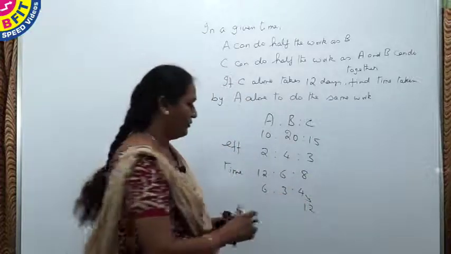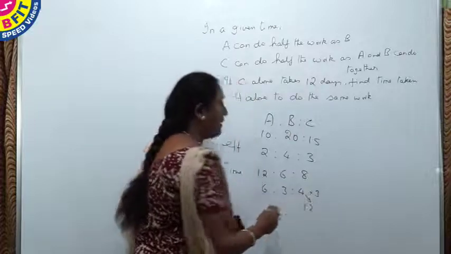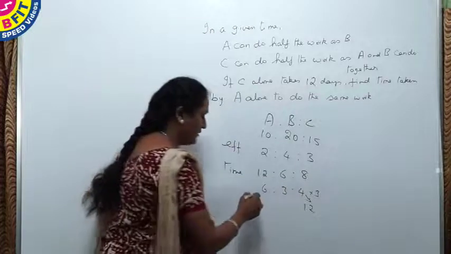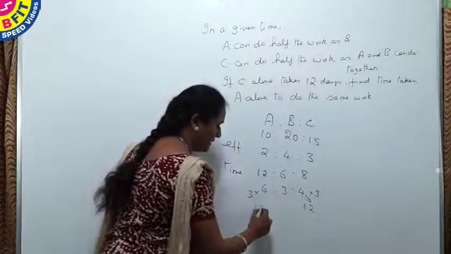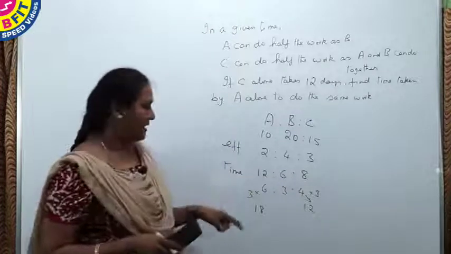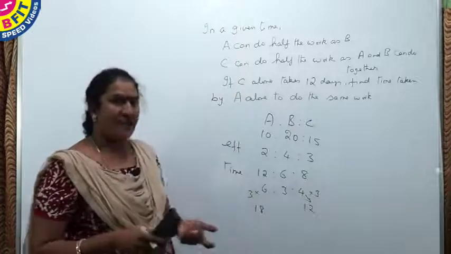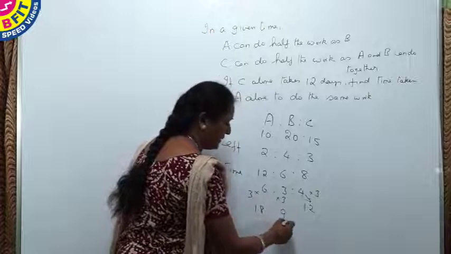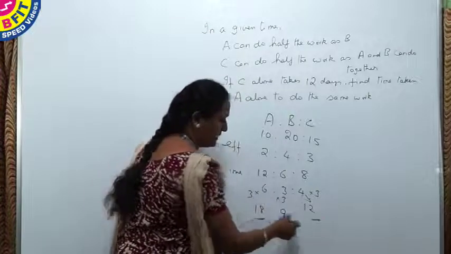Multiplying 3 with 4. And if you are asked to find for A, multiply the same 3 with 6, the common factor, 18. So the time taken by A is 18 days. If they ask for B, multiply the same common factor 3. So the time taken by B is 9 days.